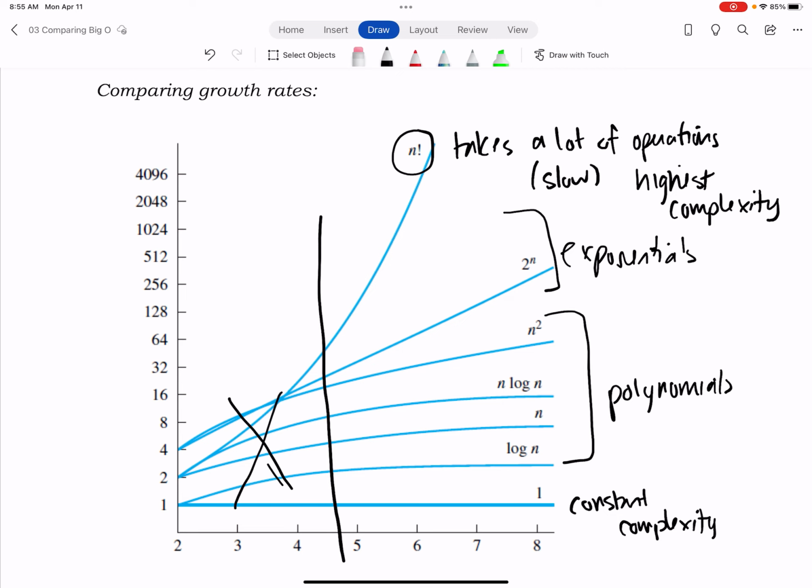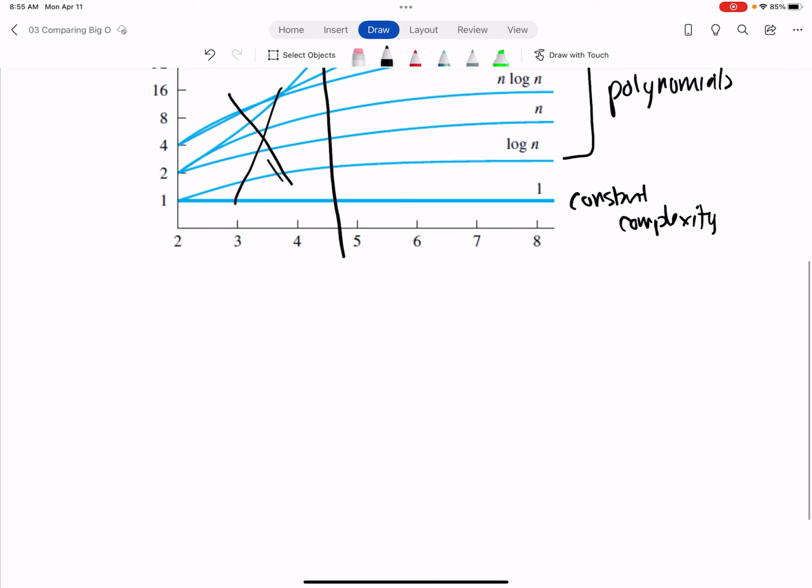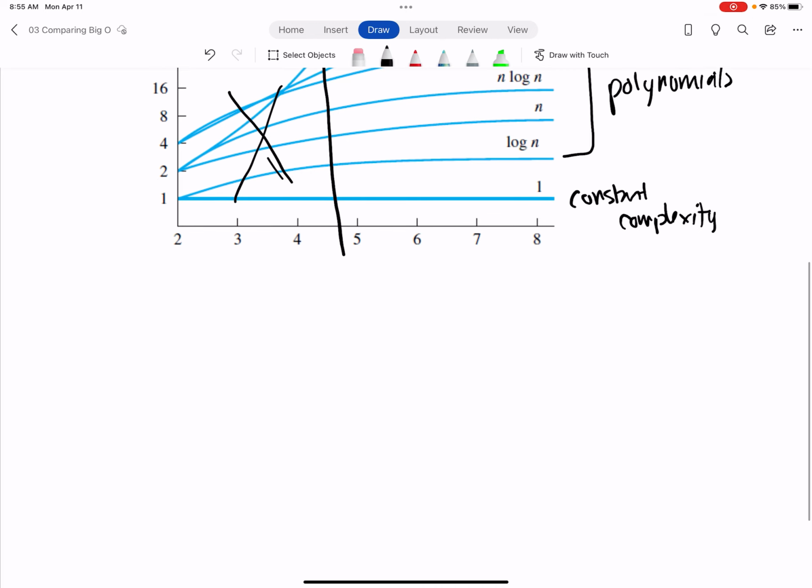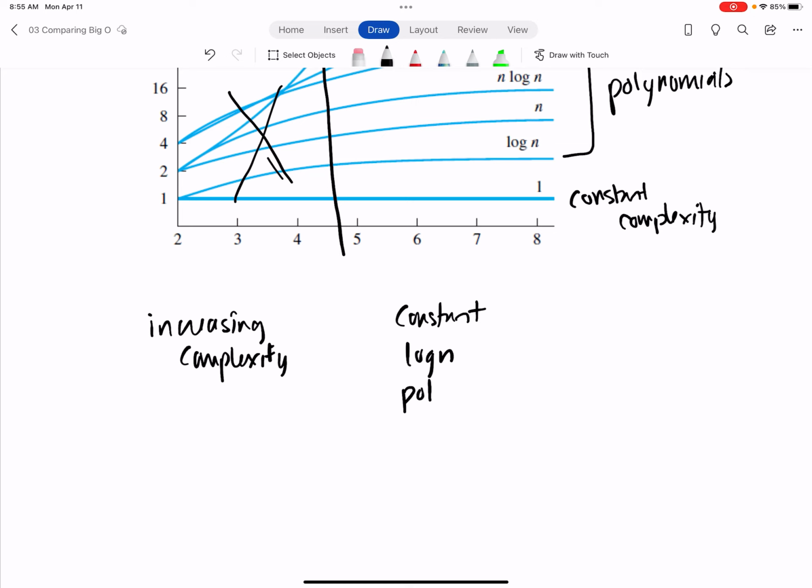So when you're making a complexity chart, this is increasing complexity. Think about it as constant, and then log n, and then polynomial, and then exponential, and then factorial.